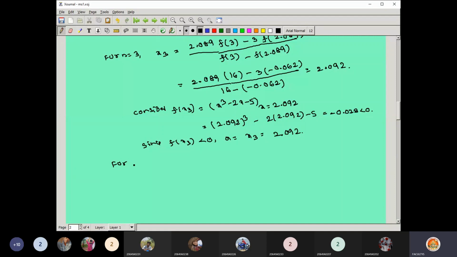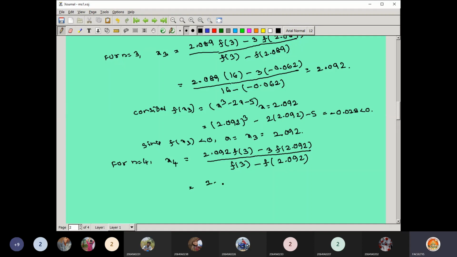In the last term, for n equal to 4, you are getting x4. So a into 2.092 into f of b, same 3, minus b into f of a (2.092). Total it is divided by f of b means f of 3 minus f of a means 2.092.